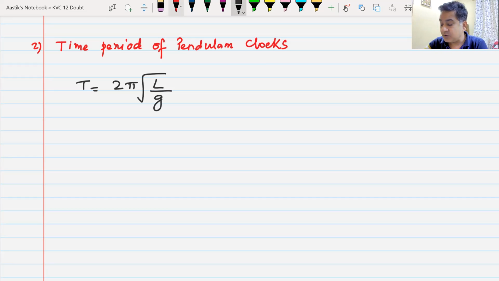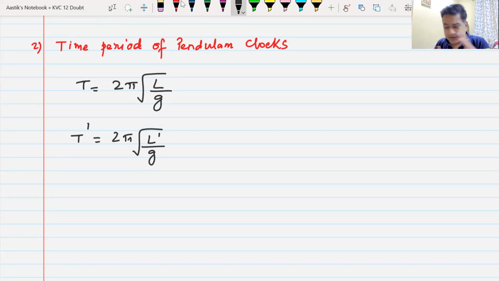So what are you supposed to remember in this? When the length of the rod changes by change in temperature, the time period changes to T dash. Now this T dash can be written as 2 pi root over L dash by g. This L dash is the new length and this T dash is the new time period.